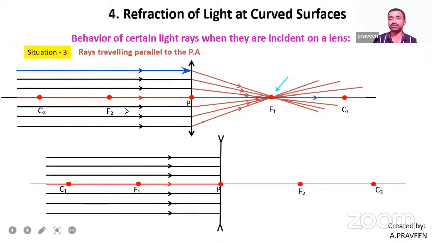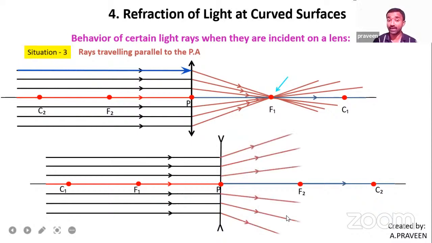Already in the previous discussion, before defining the focal points, we observed what happens when a parallel beam of light rays is incident. Here we are considering a parallel beam incident on a double concave lens, and the rays are going to refract. But the ray along the principal axis remains undeviated. What about the other rays? They refract, but they appear to diverge from the focus.